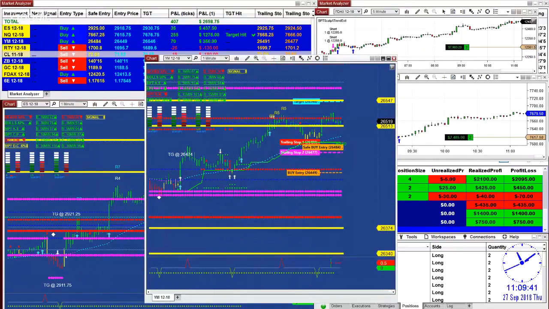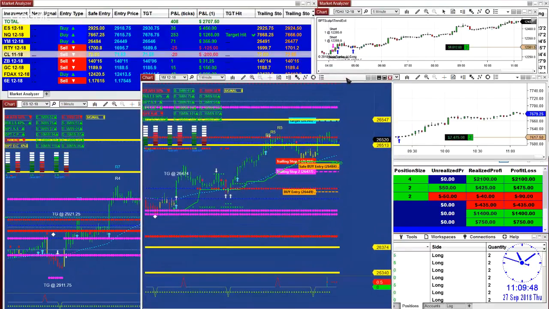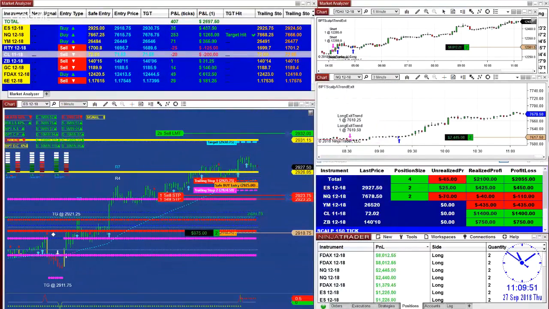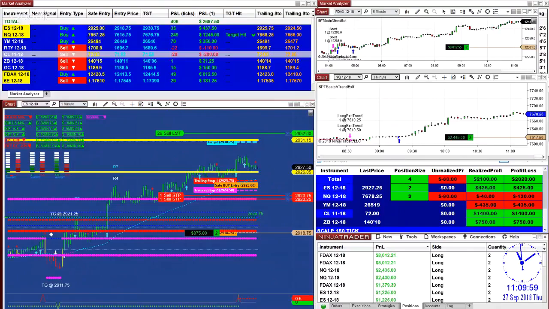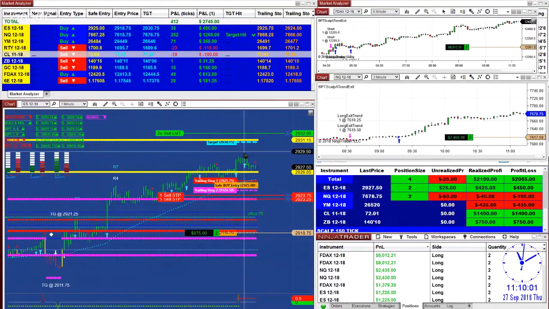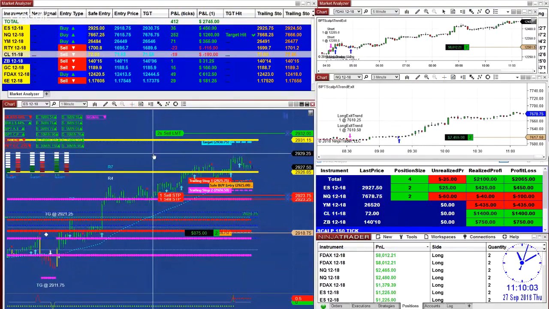I cannot find anything tradable. They are all high risk trades, and I don't want to guide you to a bad trade. So we're going to stay quiet a little bit and wait on a new signal. That's all we can do.